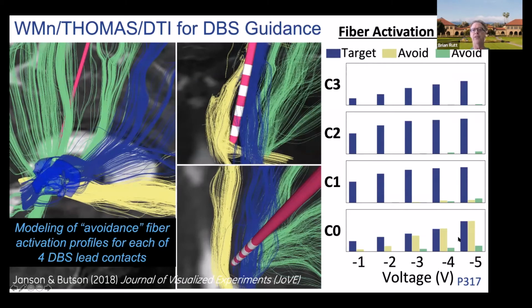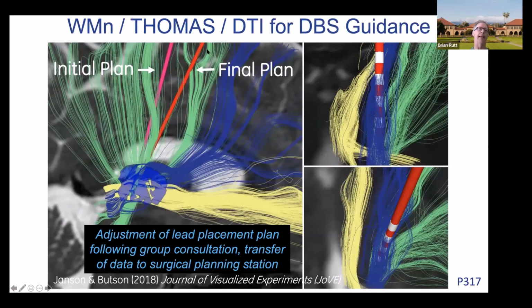We might look at this and say, well, we're getting too much activation of the to-be-avoided yellow fibers. And so we might then adjust the plan. So the final plan might have an adjusted lead location that moves the lead away from the yellow fiber tracts.